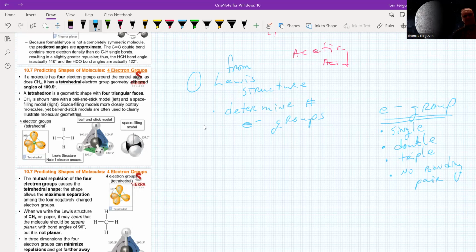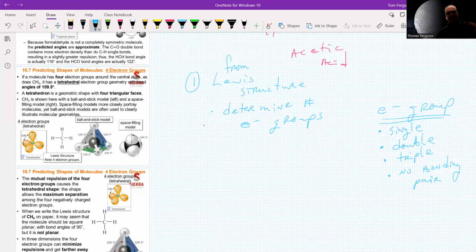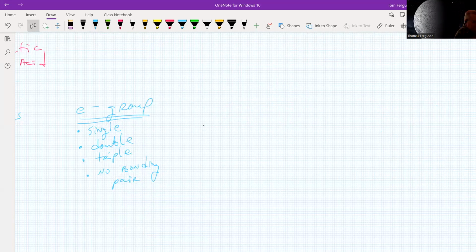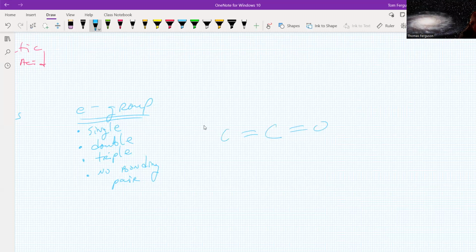Now, let me give you an example of determining that. Let's use carbon dioxide. We already know that the oxygens are not central atoms. The only one is the carbon in the middle.